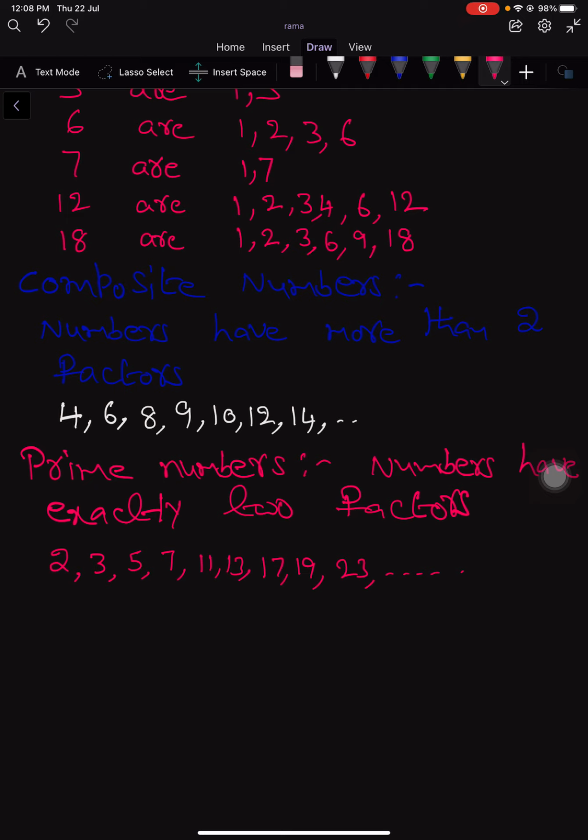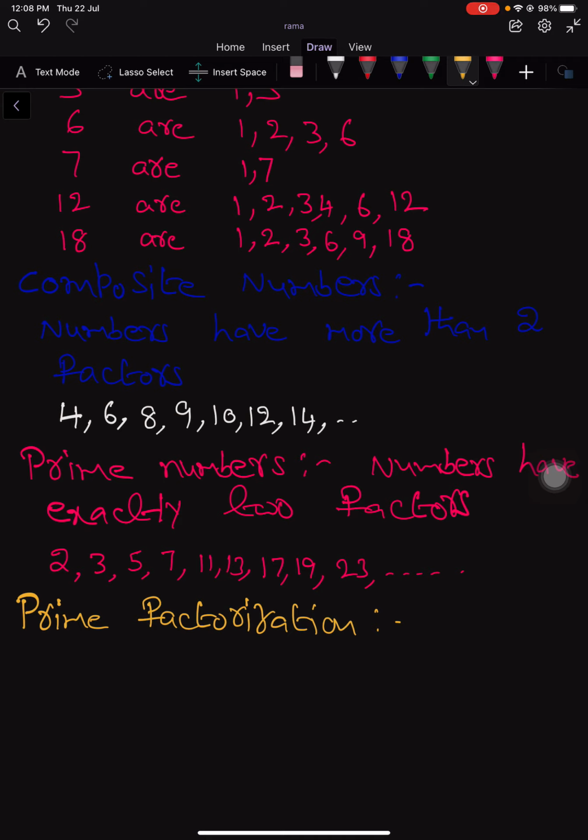Students, now we learn about prime factorization. Just now we have learned about prime numbers, numbers that have only two factors.